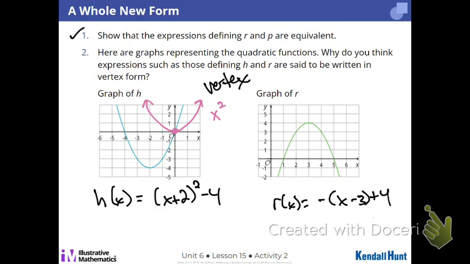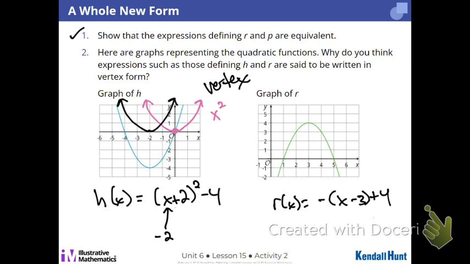If I want to move it left 2, I would need to go x plus 2. Because to get this to 0 out, what would x be? Minus 2. That's my shift 2 left right there. Okay? So as soon as I make it x plus 2, that puts me right here.